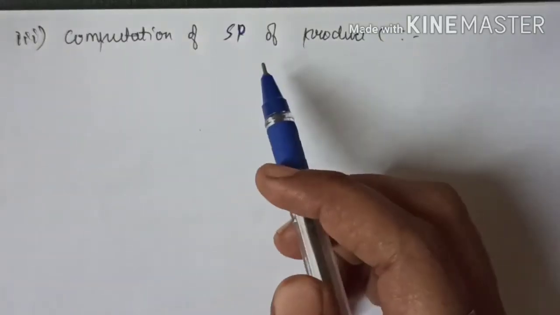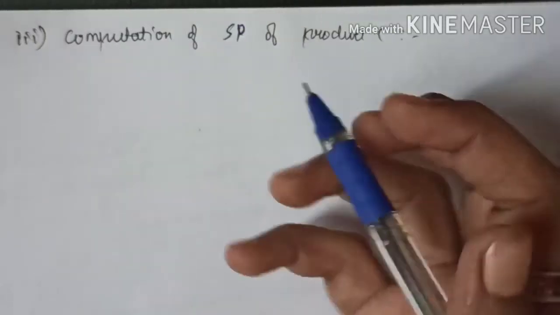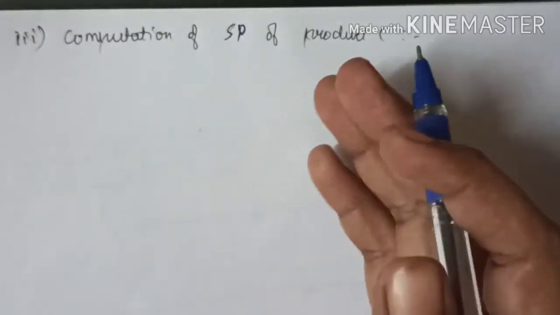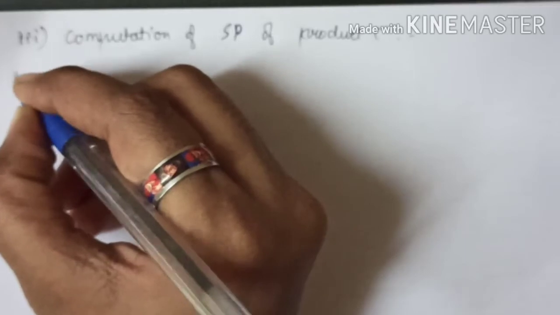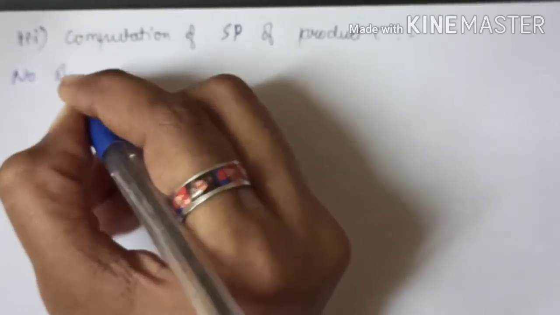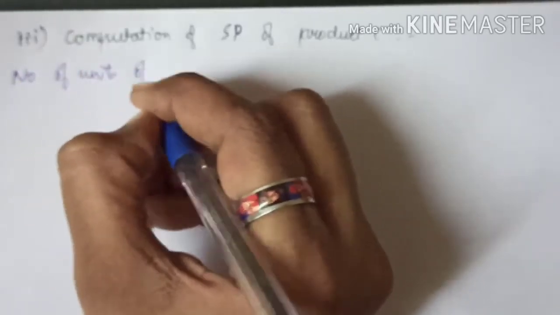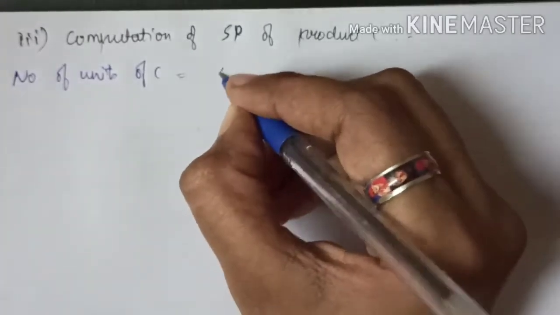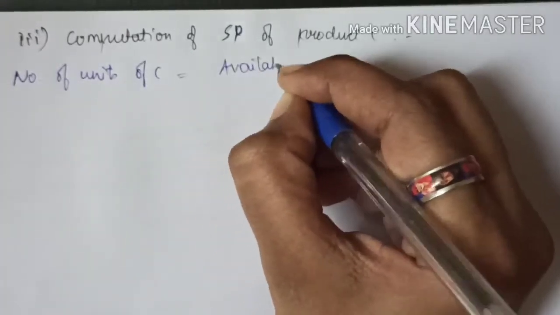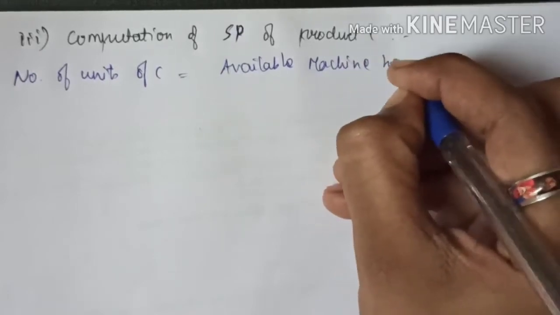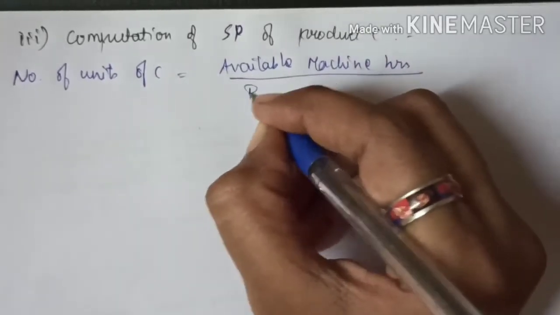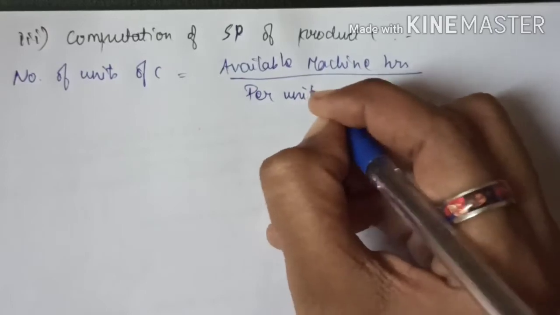Third one is computation of selling price of product C. See, P is replaced by C due to its less profitability. So you calculate the number of units of C. Available machine hours divided by per unit machine hour.